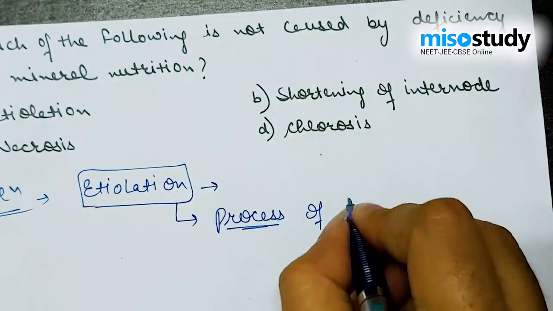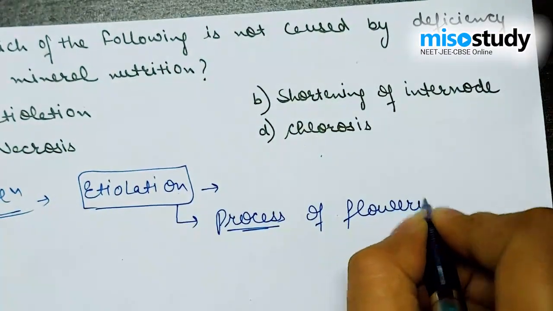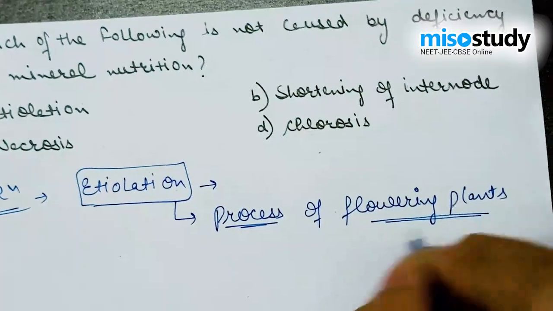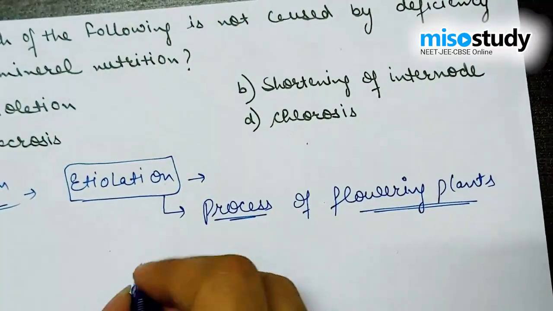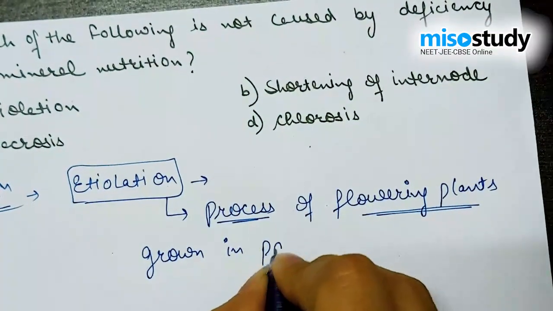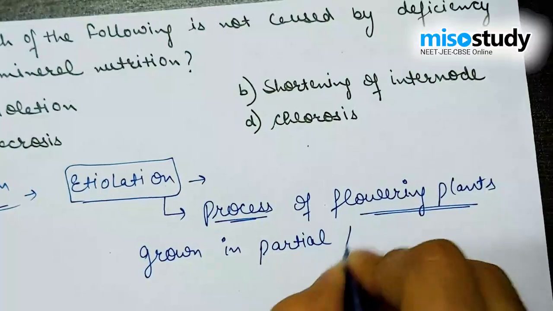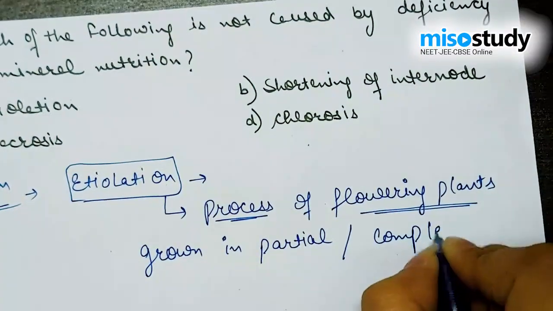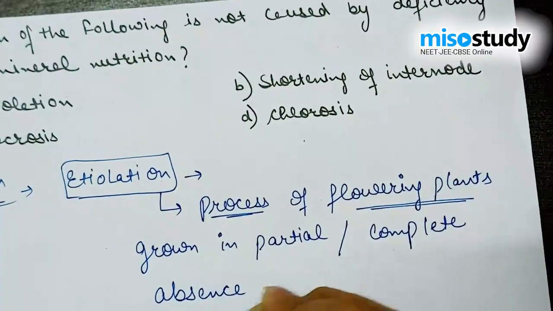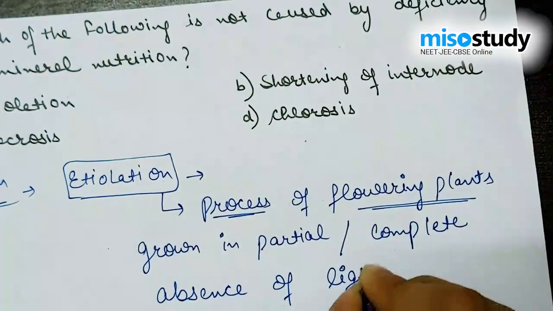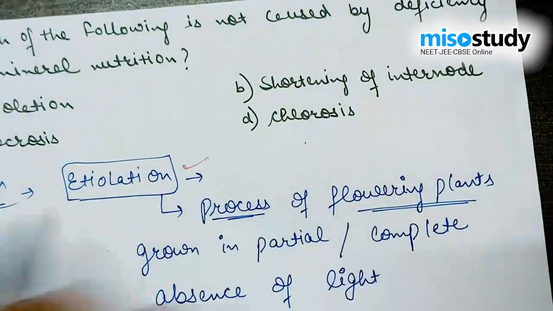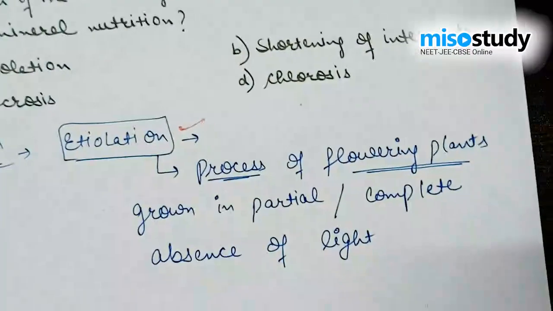of flowering plants, occurring only in angiosperms. In flowering plants that are grown in partial or complete absence of light, this is a feature that cannot be caused by any deficiency of mineral nutrition.